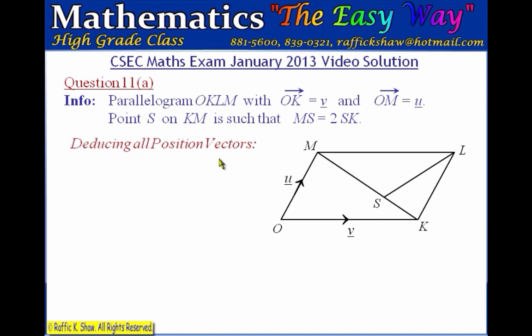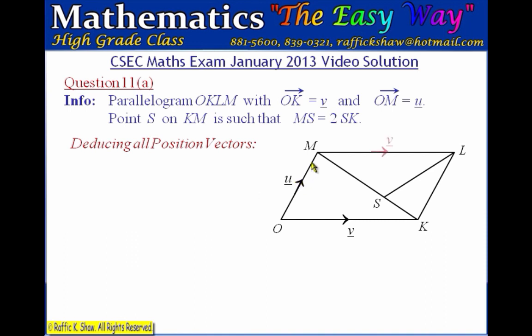The first thing we want to do is deduce all the position vectors, because we are using a position vectors based approach to solving this question. Because this is a parallelogram, OKLM has 2 pairs of equal opposite parallel sides.